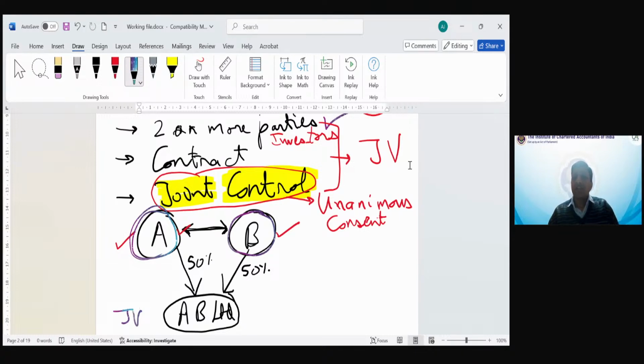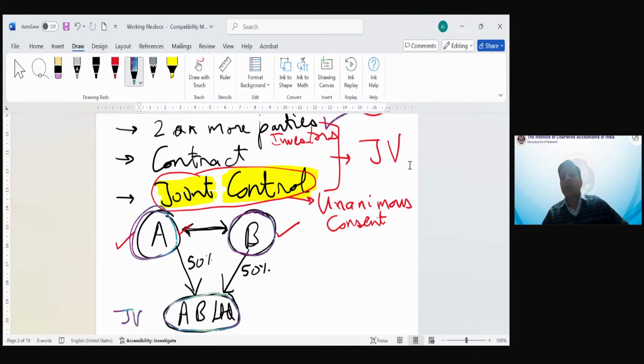Tambeshwari is saying decision point again. Yes. So the decision point is that in respect of AB, if any decision is required to be taken, then it has to be done by A and B on a collective basis, on a mutual basis. Means both of them should give their consent in relation to that matter.